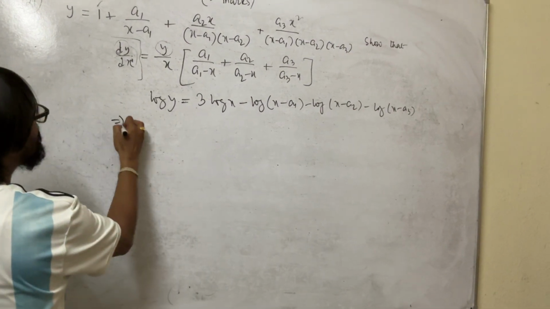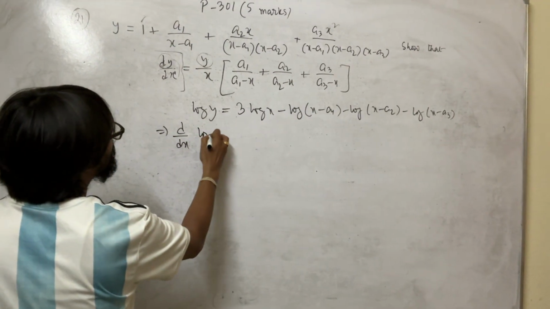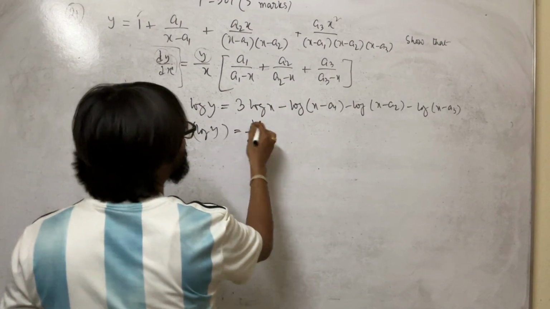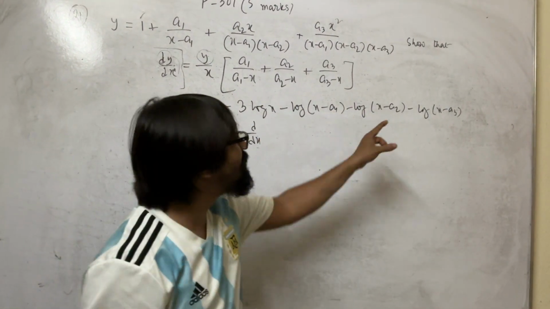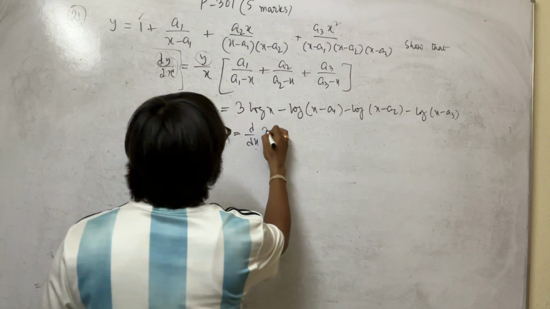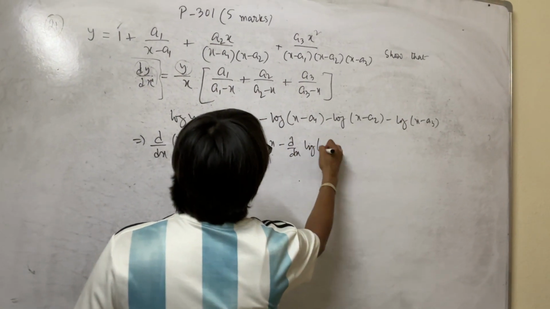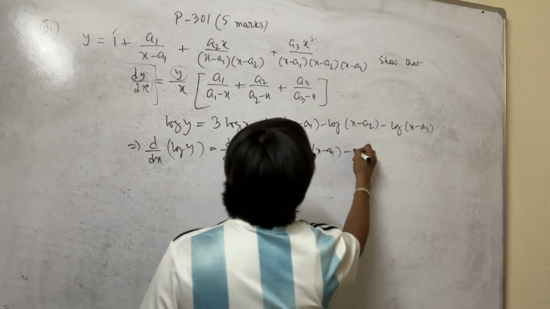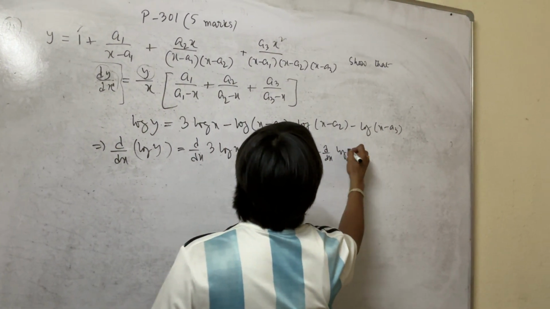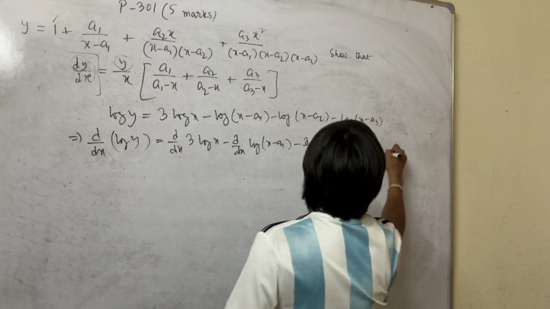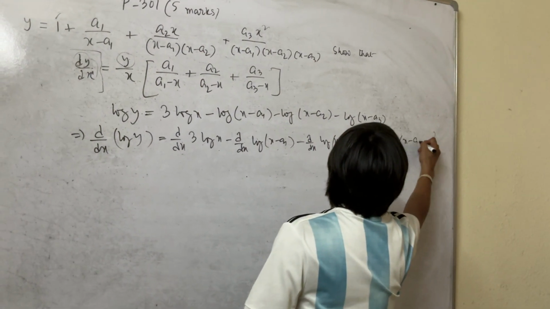Now I apply d/dx both the sides. So d/dx of log y equals d/dx of this whole thing. Now when I do d/dx of this whole thing, d/dx splits. So this will become d/dx of 3 log x minus d/dx of log (x minus a1) minus d/dx of log (x minus a2) minus d/dx of log (x minus a3).